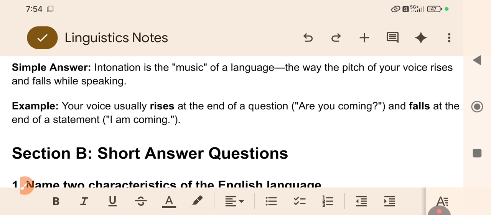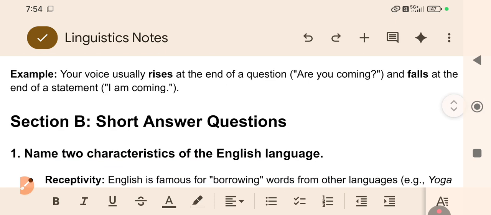These are the suprasegmental features of a language, known as stress, pitch, and tone, which are collectively called intonation or music of language or rising and falling tone, right? So that is helpful to clarify a speaker's intention.